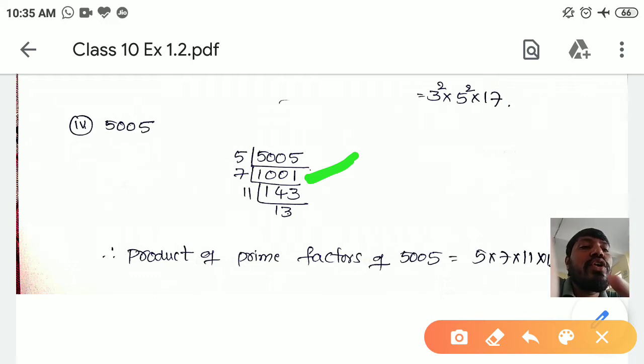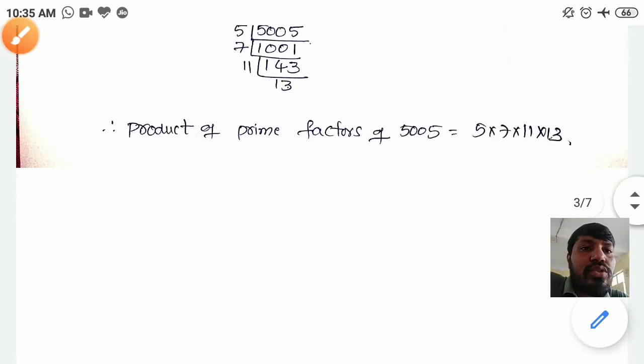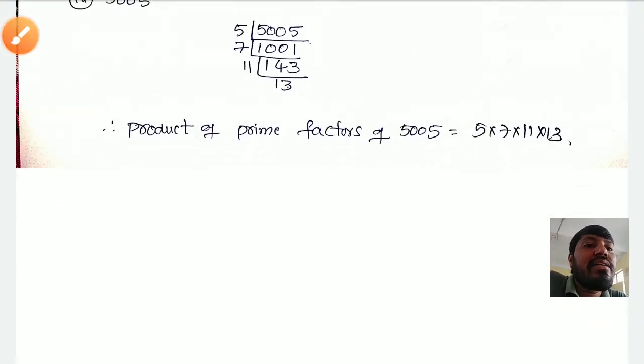This will be useful to you in many Olympiad exams also. If you keep this in mind, you can do many Olympiad problems. So the product of prime factors of 5005 is 5 into 7 into 11 into 13.